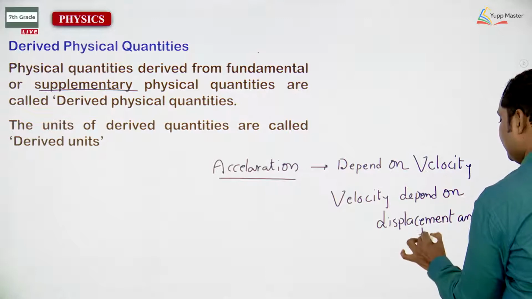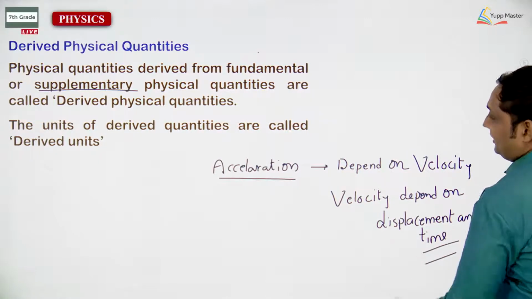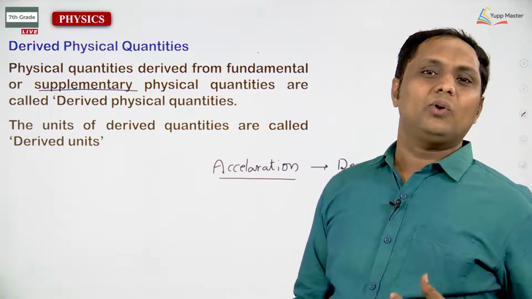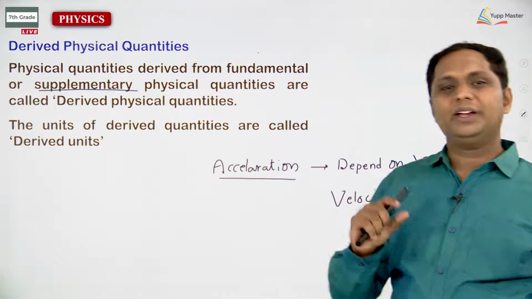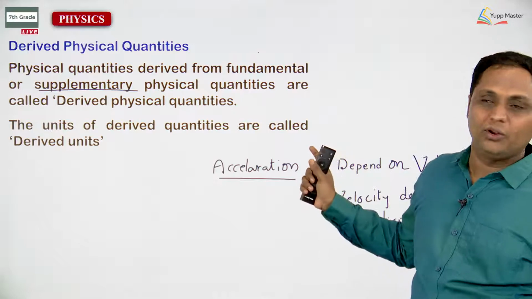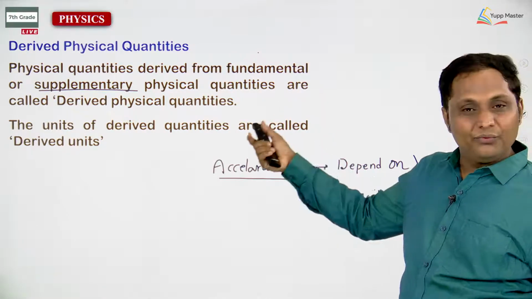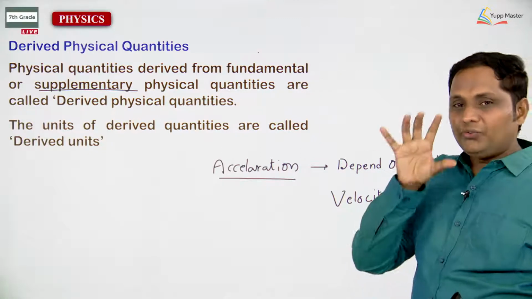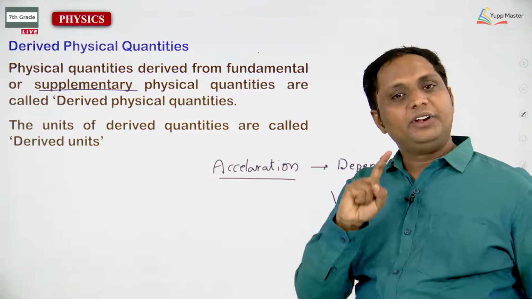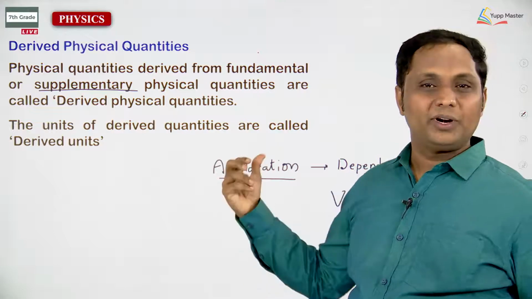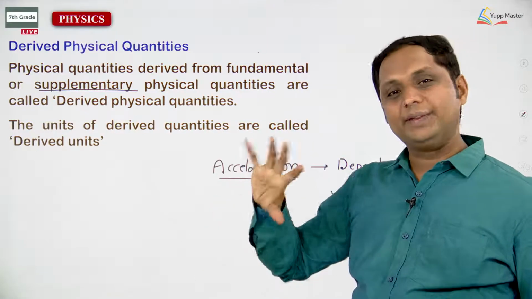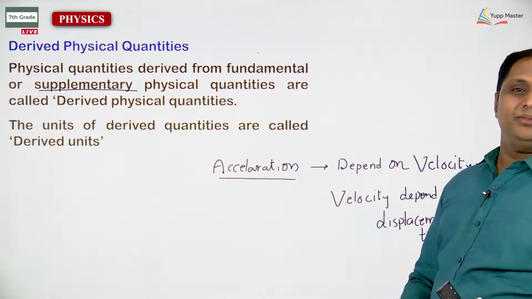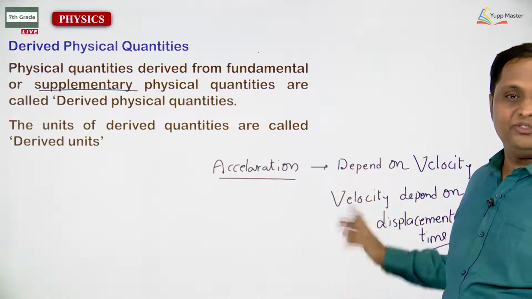It's very clear. If you want to derive one derived physical quantity, you have to get the supplementary quantities and fundamental quantity. That's what you want, to represent the derived quantities in terms of fundamental quantities. You need to take their related formulas and the units also.